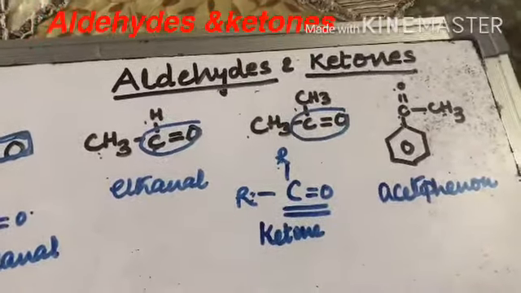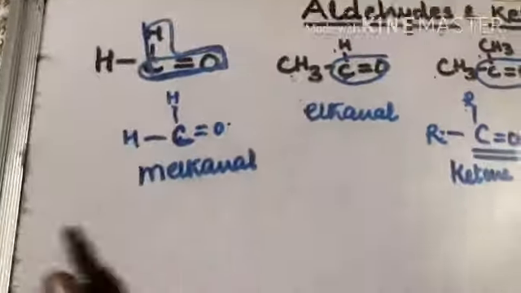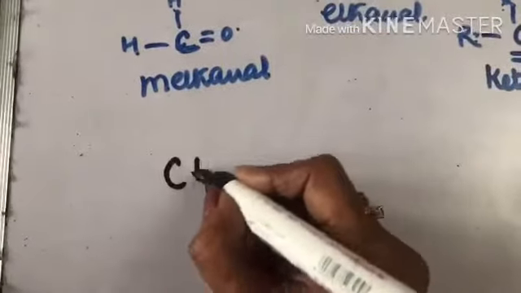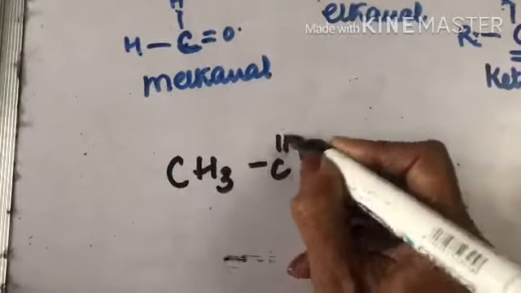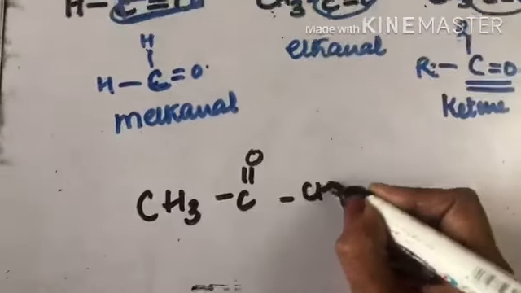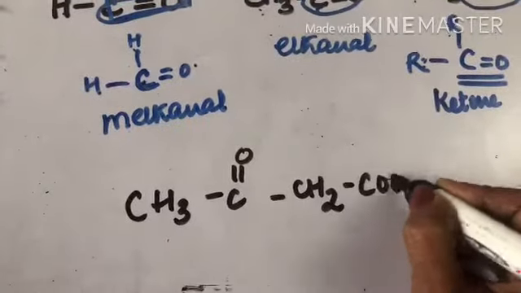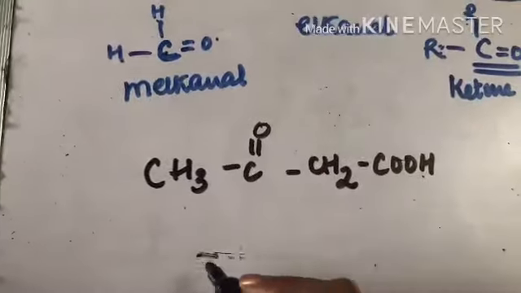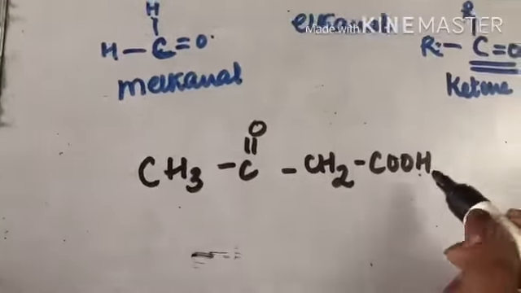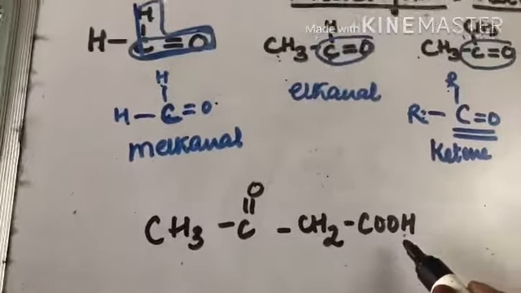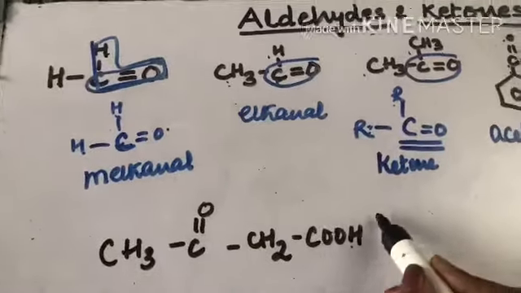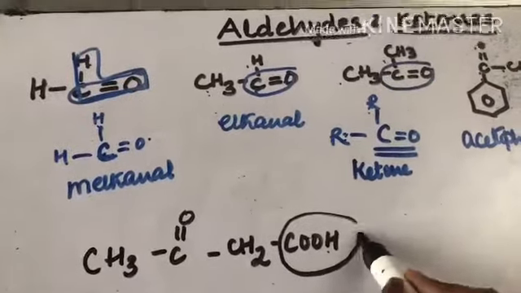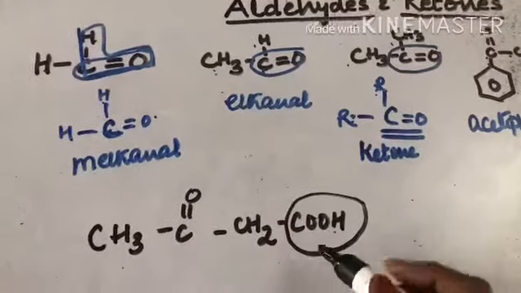Now if I'm going to write down a compound, supposing I say my compound is CH3COCH2COOH. When there are two functional groups attached on the same carbon chain, you have to first see which one is the major functional group. You know COOH is right on the top and it is the major functional group.